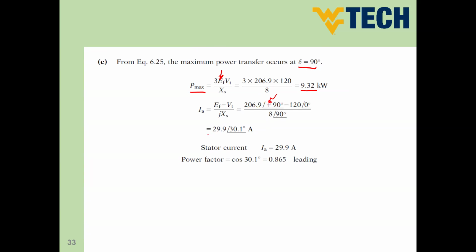This would give the following current, 29.9 ampere, and the power factor angle is 30.1 degrees. 30 means it's converted now to leading condition. And this makes sense because the maximum power for the generator will be at leading power condition all of the time. This is from the phasor diagram. So the power factor is cosine of this angle, which is 0.865 leading.